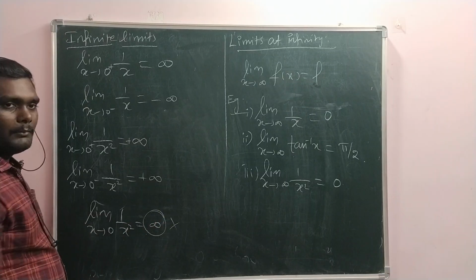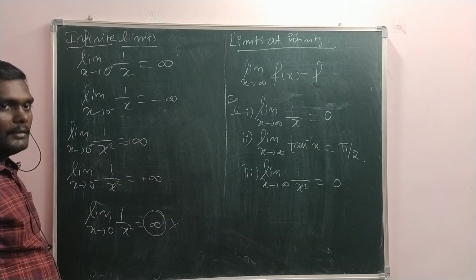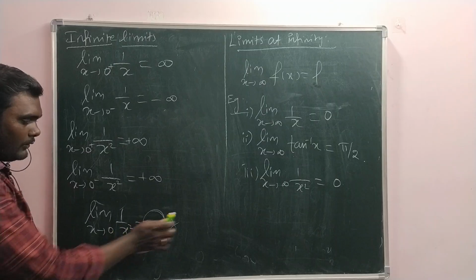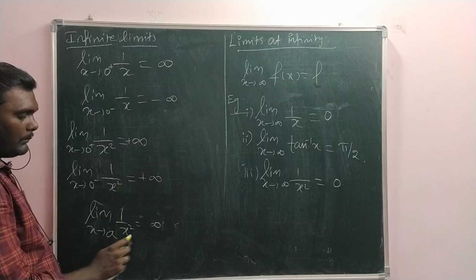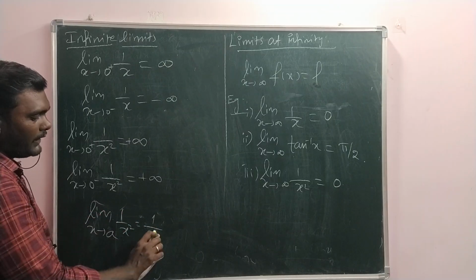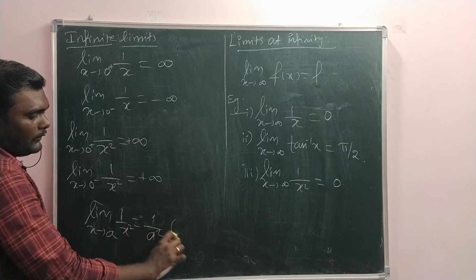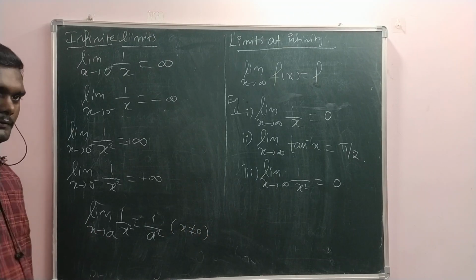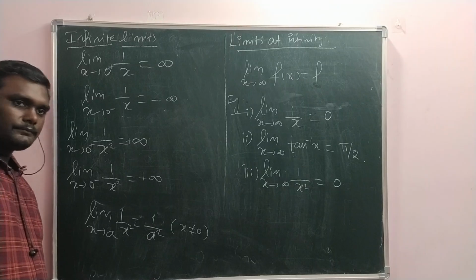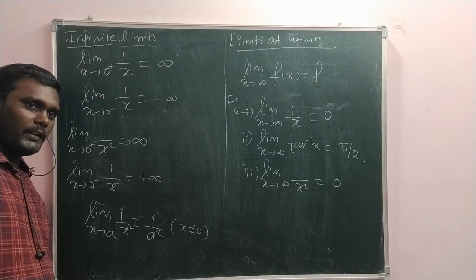We should not say that, because the limit is a finite number. Rather, except 0, for all values a, 1 by x square approaches 1 by a square. So here x is not equal to 0. This conclusion you can give. Okay. You understand what I am saying?